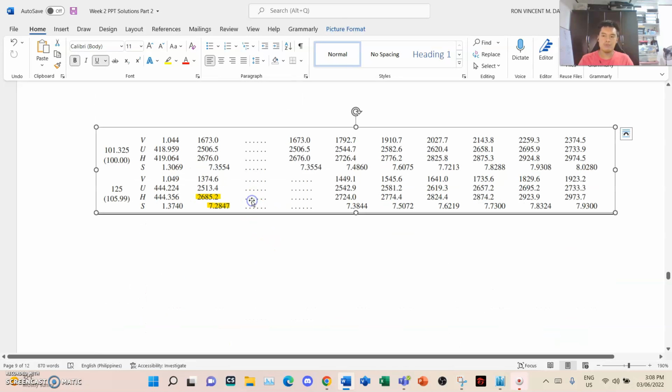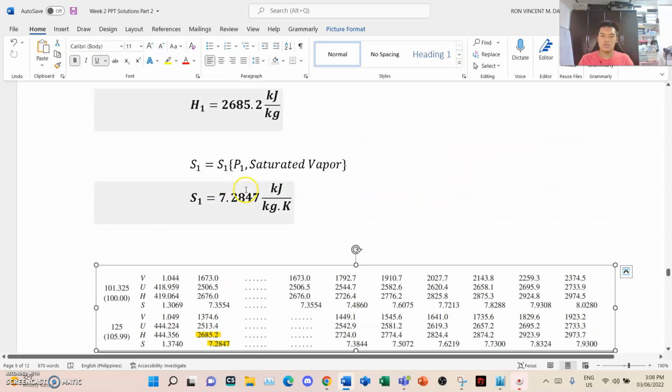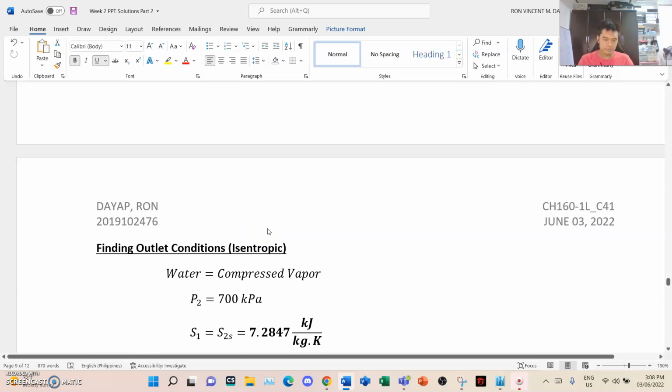This is the steam table proof at 125 kilopascals, at the saturated vapor line.